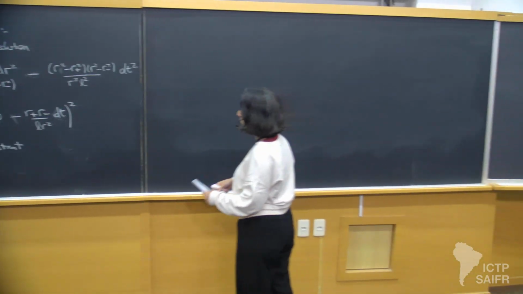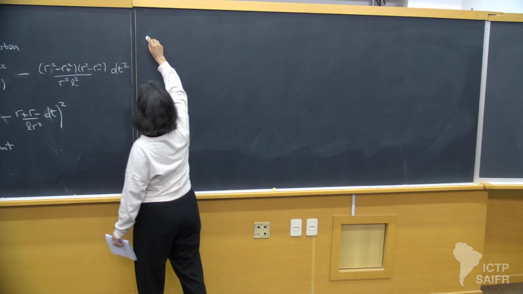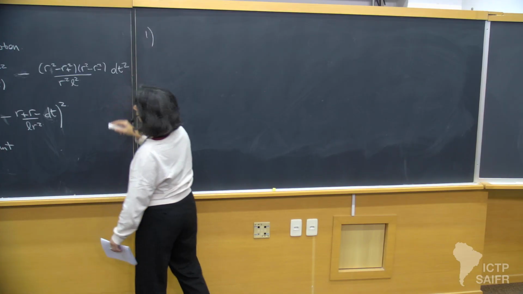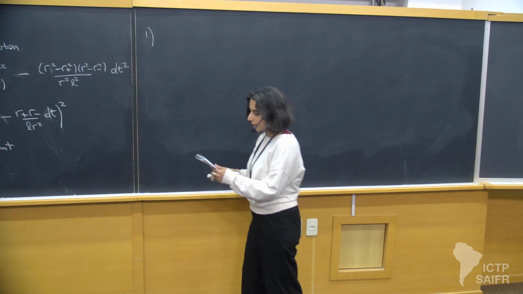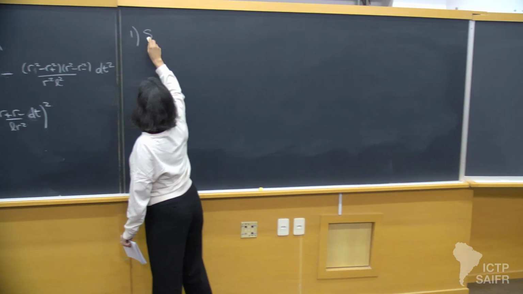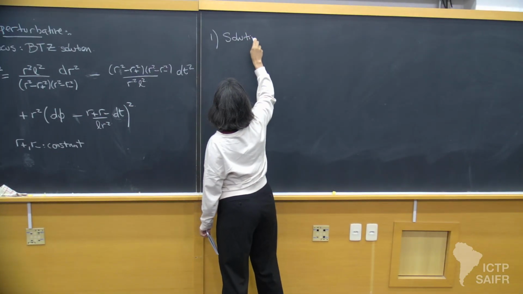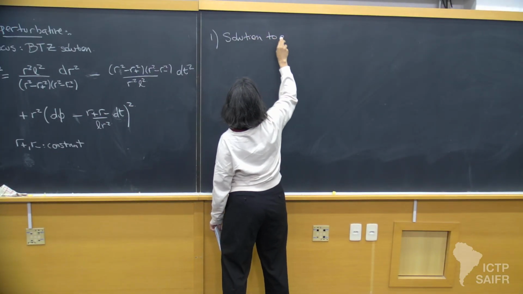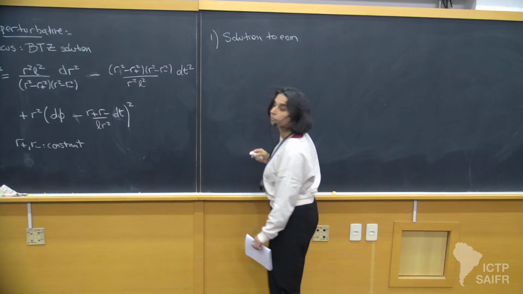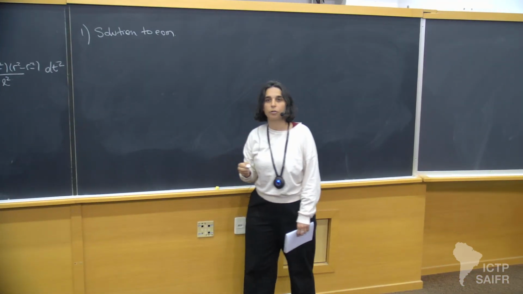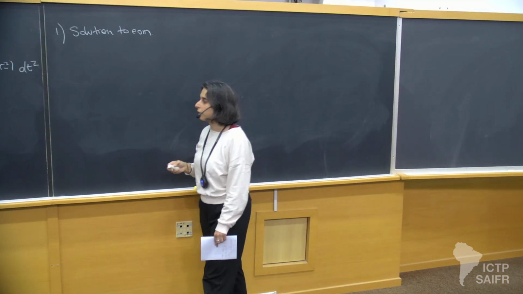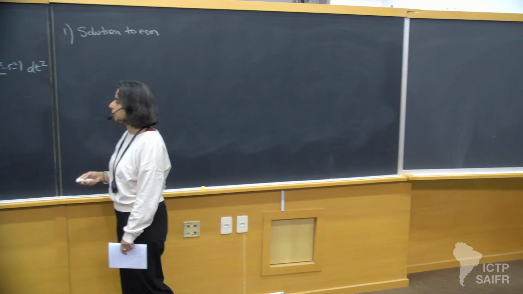So the first property, most important, is that this line element is a solution to the equations of motion. Okay, so you can plug it in, Mathematica, you can do it by hand.